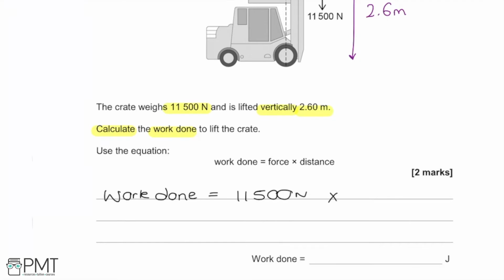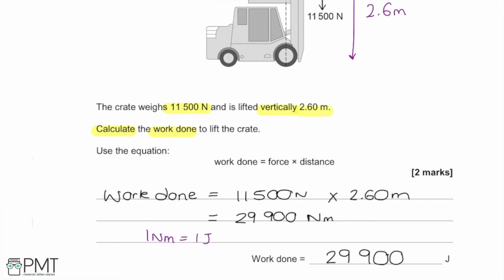Multiply that by the distance of 2.6 meters. And that is going to give us an answer of 29,900. And if we multiply the units together, we have the newtons and the meters. So that's going to give us 29,900 newton meters. And we probably know that 1 newton meter is equal to 1 joule. And then the joule is the unit that we've got here. So we can just substitute that in there as 29,900 joules as our final answer.